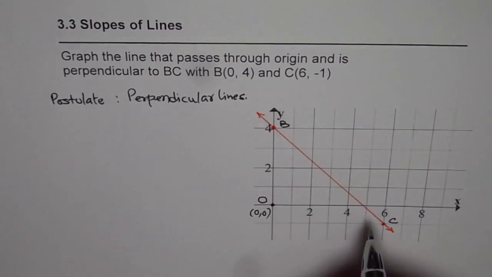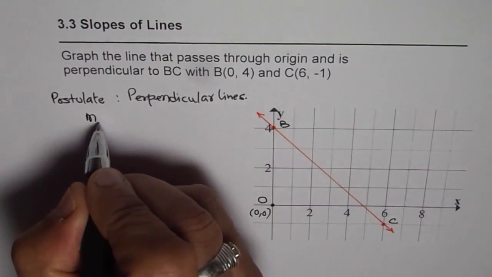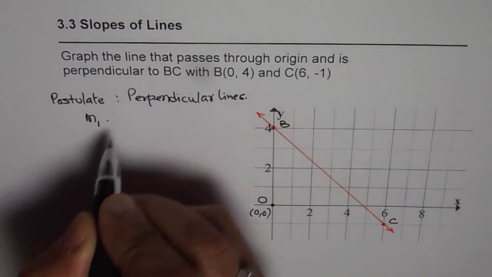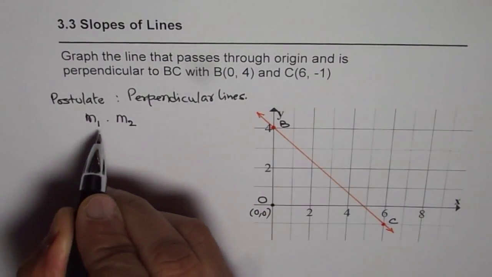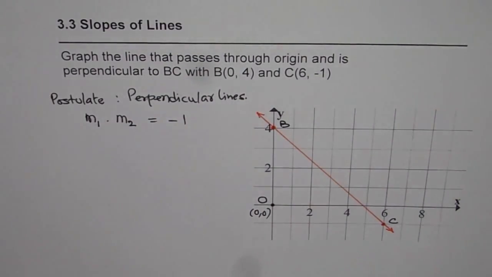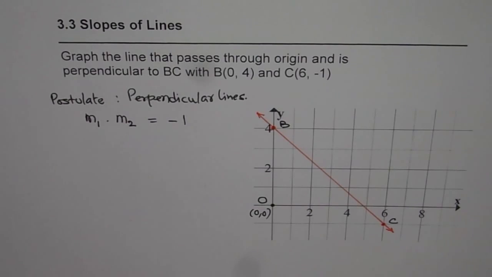Non-vertical lines are perpendicular if the product of their slopes, so let's say this is line 1, with slope M1, and line 2 with slope M2, then their product should be -1. If their product is -1, in that case the lines will be perpendicular.